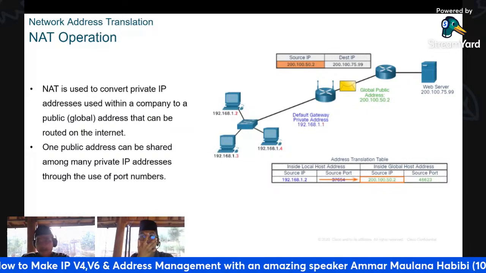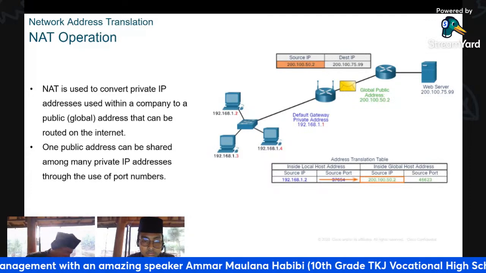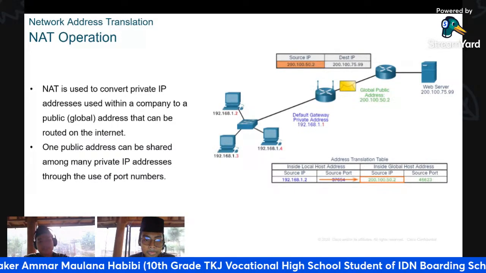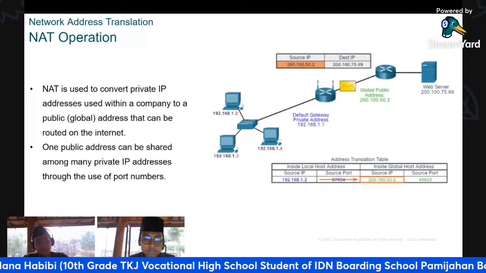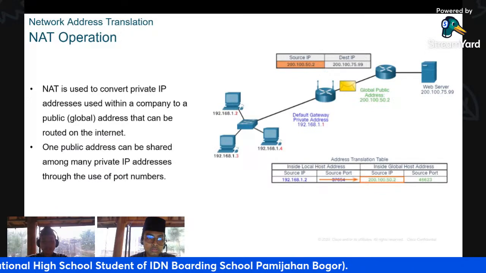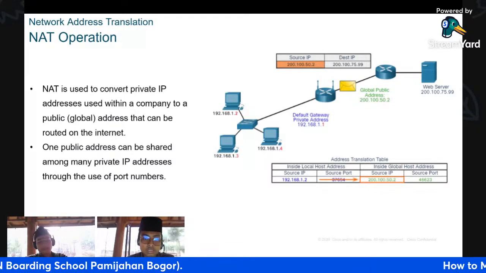If the router has an antenna, you can see this is a wireless router because there's an antenna. This is the topology, the logical topology. Okay, I'll explain it.